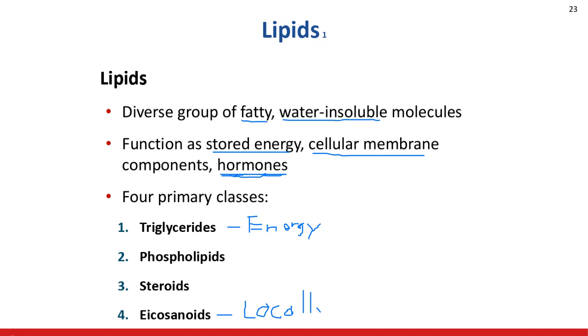When you damage a cell membrane, you've probably heard of prostaglandins, prostacyclins, thromboxanes, and whatnot. Those are locally acting chemicals that, for example, if you damage your cell membrane, you'll invoke the inflammatory response and you'll form these chemicals through what we call an enzymatic cascade.